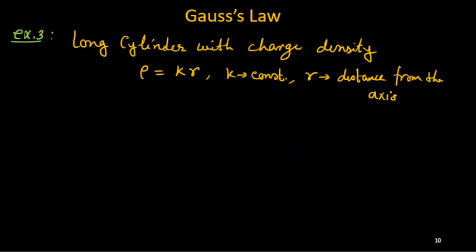Next one, we will consider another interesting problem, that is a long cylinder with a charge density that is not uniform, that is rho equals k into r. Okay, so this kind of problem is a little bit difficult to handle. So I have one cylinder, but it is long enough.